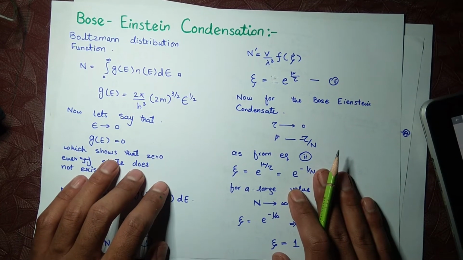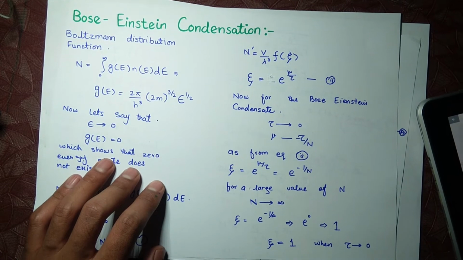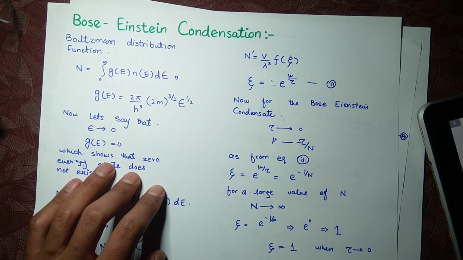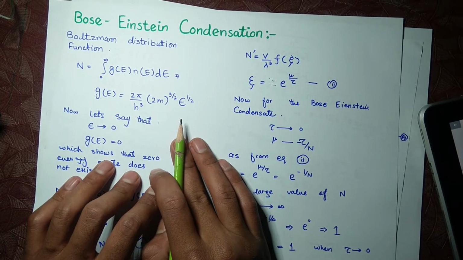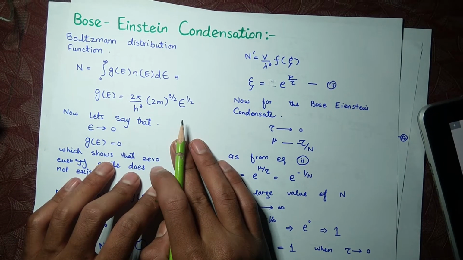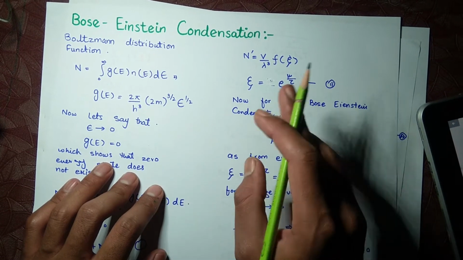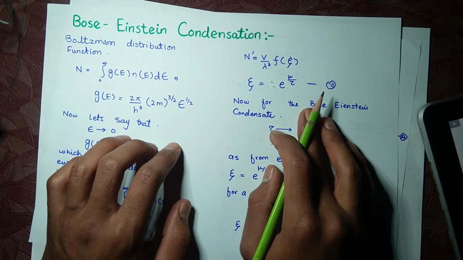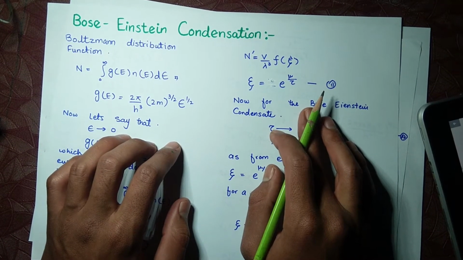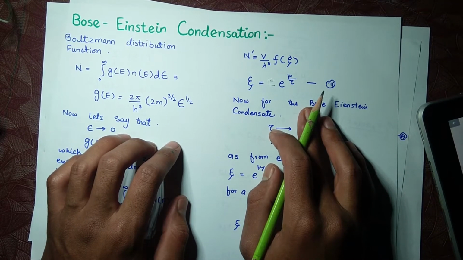So today we are going to talk about Bose Einstein condensation, and we will see what this Bose Einstein condensation is. Let's have an introduction first. We have seen what plasma is. Plasma is the fourth state of matter, and it is formed by the ionization of gas at high temperature.